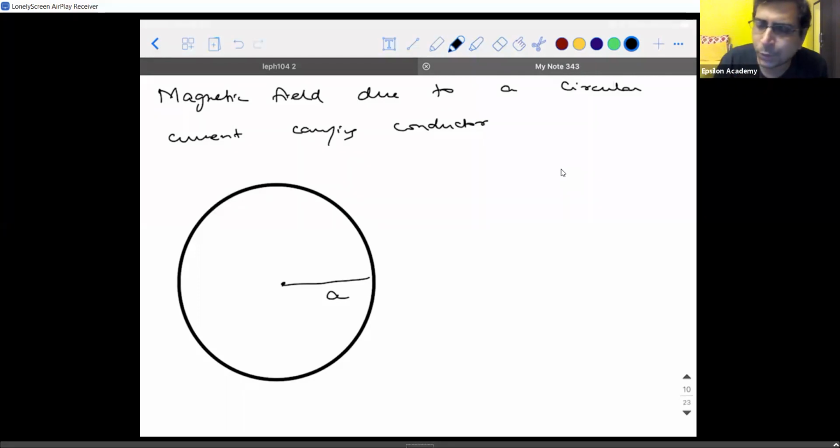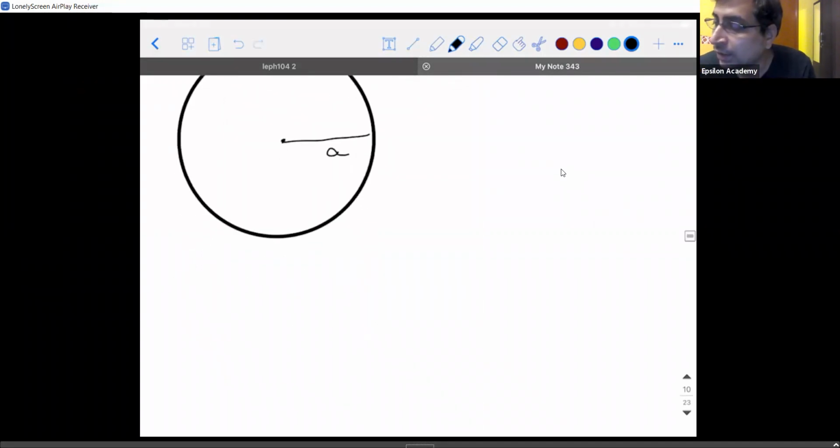But if I draw it according to the way it is there in the paper, you will not be able to find, because the text should be either towards me or towards you guys, right? So the circle will neither be drawn like this nor like this. If I draw it like this, you will only be able to see a straight line. So it will be drawn like this. When it is drawn like this, the circle will no more appear like a circle, rather it is going to appear like this.